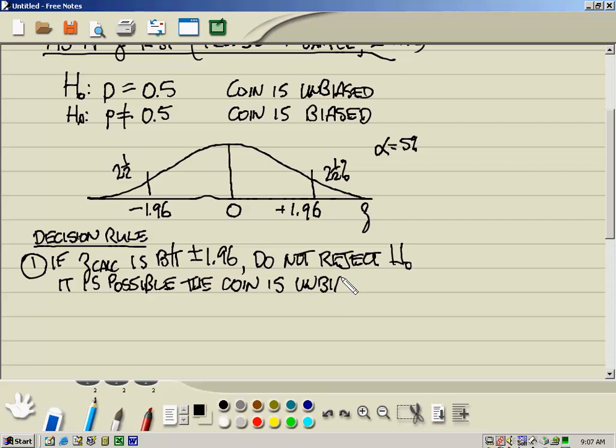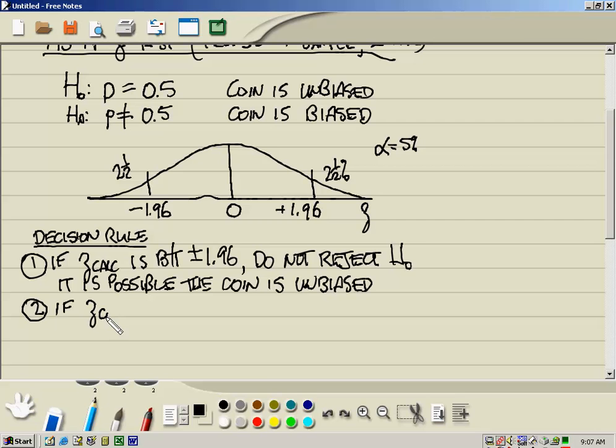Remember, that's a weak decision, which is interesting in itself, because it means that we can never prove, even with some level of probability, that the coin is unbiased. All we can say is, the best we can say is, it is possible it is unbiased. Possible is the key word here.